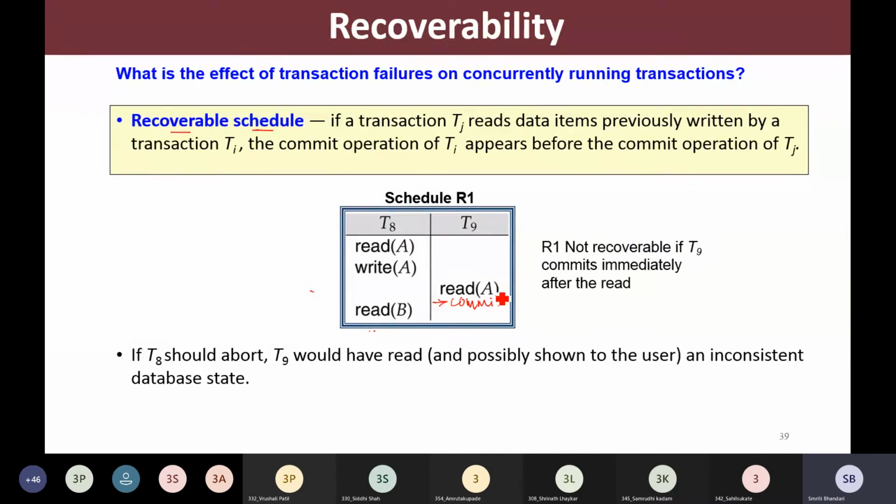So T9 has read the inconsistent database state. This should not happen, right? I hope you have understood this concept. May I proceed?